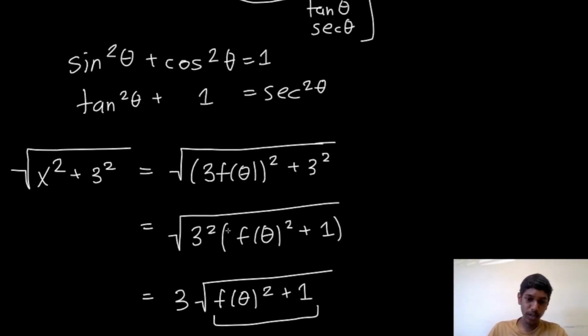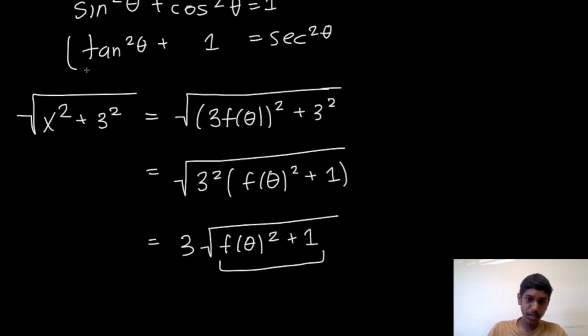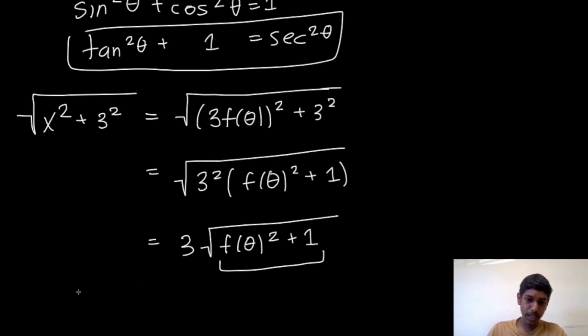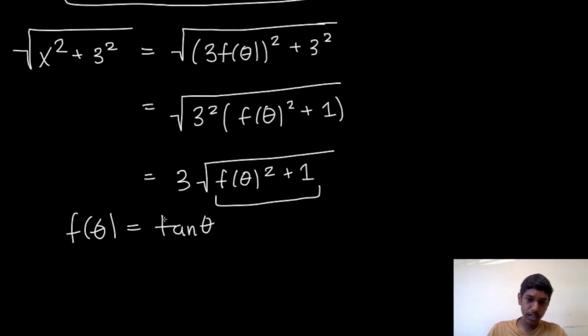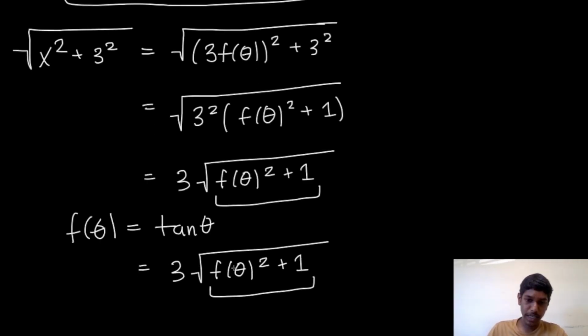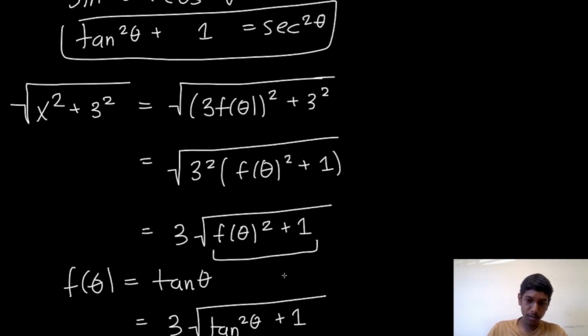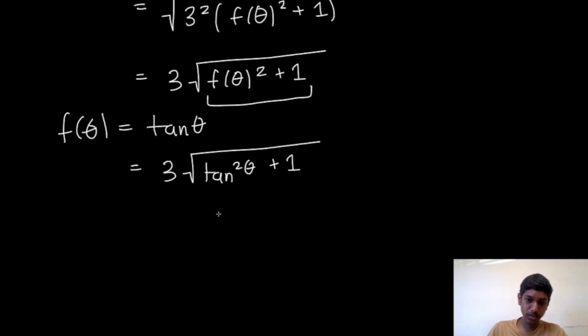Based on this identity up here, if we pick f of theta equals tangent theta, then this simplifies down, because I have tangent squared theta plus 1, and that's going to be secant squared theta, so you're going to get 3 root secant squared theta.